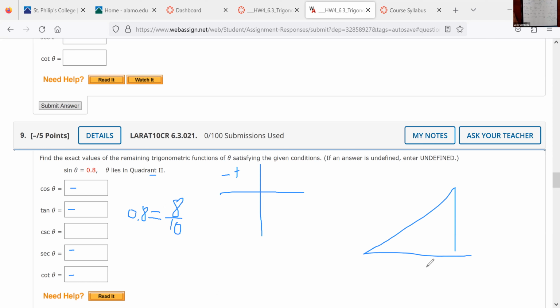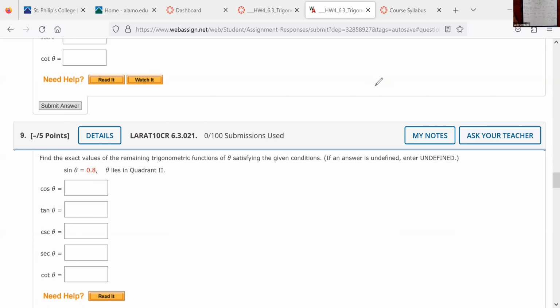You could reduce that, that would reduce to 4/5. So 4/5. Solve this missing side, and then once you have all 3 sides, you'll do the same thing here. Okay.